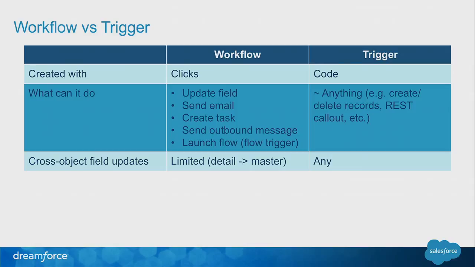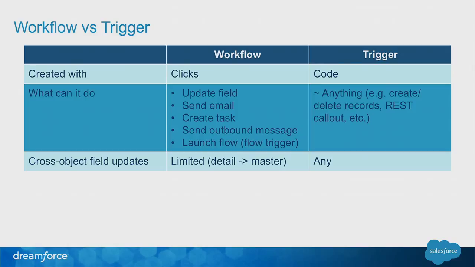So in general, the practice is: what can I do with clicks, not code? But that's not always the Bible. Sometimes it may actually be easier to do it in a trigger. My example is, I have developers, and I have a large enterprise org that I'm the architect for. I give my BAs the guidance that, in general, you need to do it with clicks if you can. However, you need to think about it in the real world.